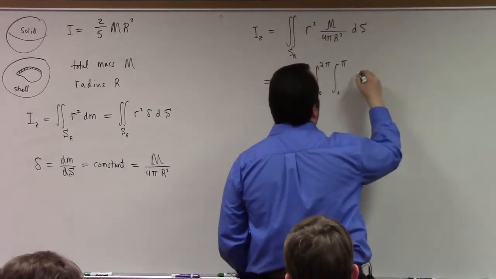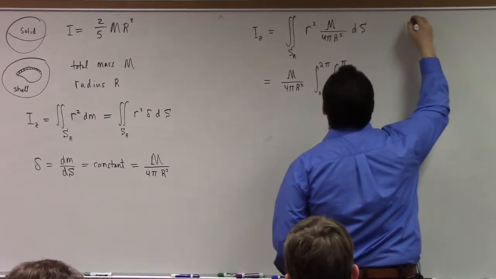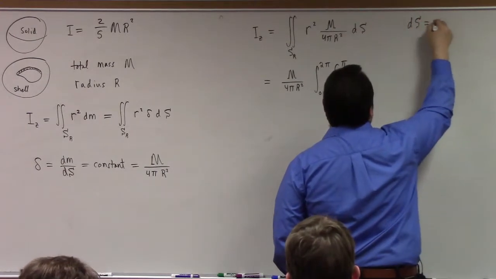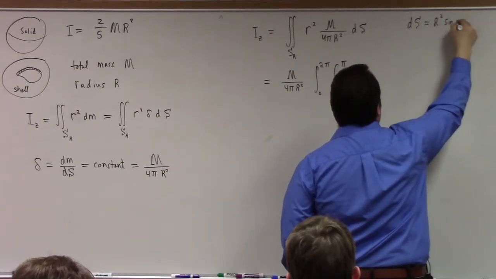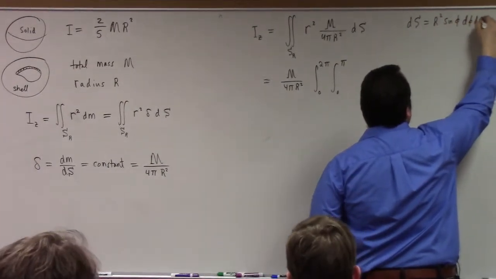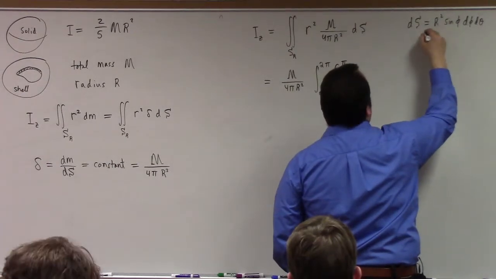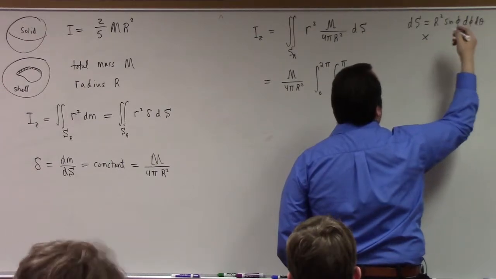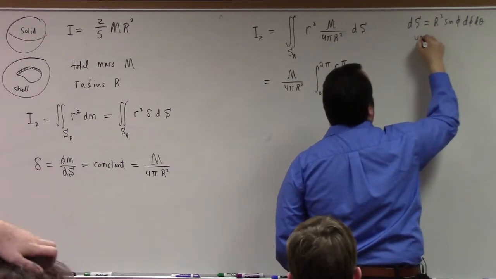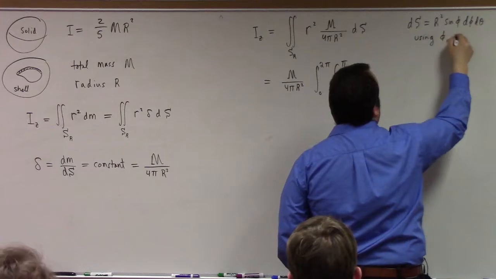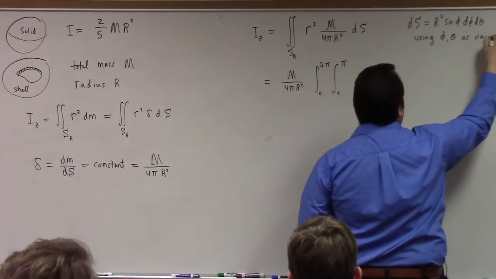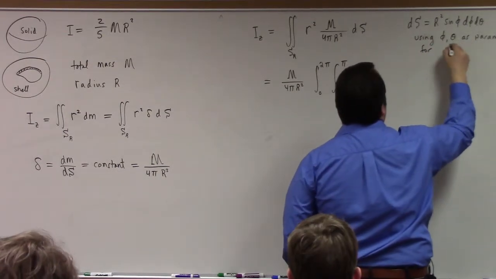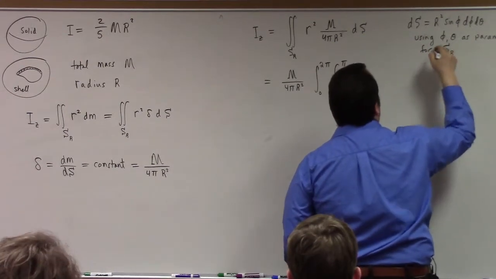Now at this point we're using what we did yesterday. Yesterday we worked out that dS was r squared sine phi d phi d theta, where we're using phi and theta as parameters for the sphere. That's the thing we spent all of yesterday on.